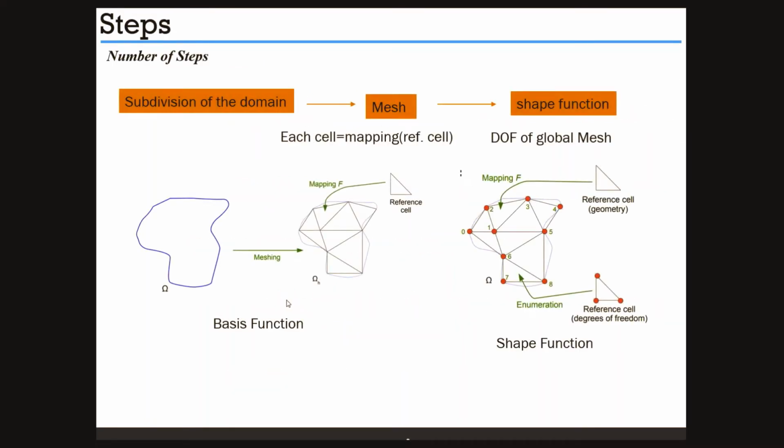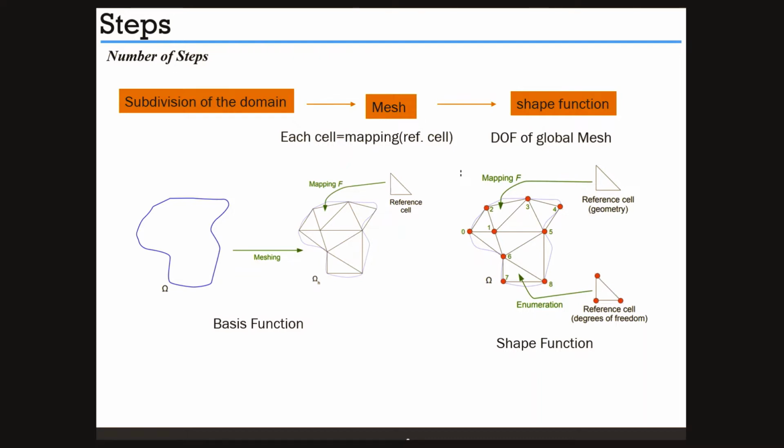So what are the steps, how are the steps done for making the shape function and ultimately getting to the final result. The subdivision of the domain is turned into the mesh, and actually the mesh defines each cell and defines the mapping for the reference cells.